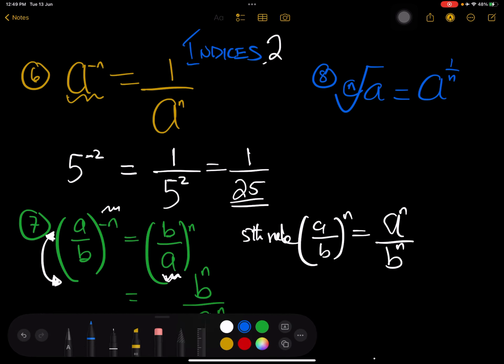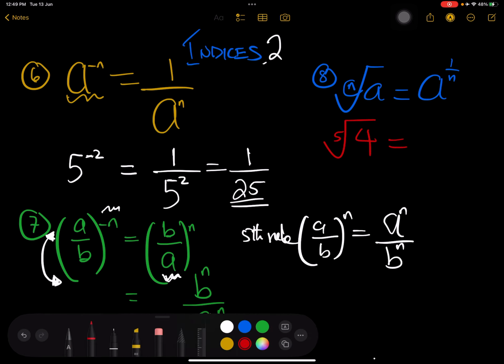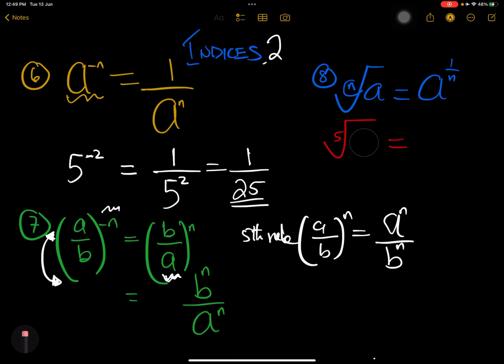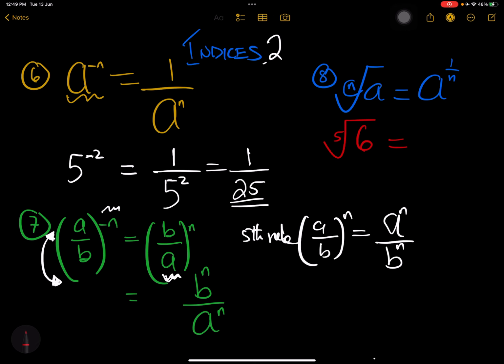So if we have, let's make it the fifth root of 6, we're going to write 6, which is the a, and then at the exponent, we have 1 divided by the number that is here. Always 1 divided by the number that is here. And then there we have it.